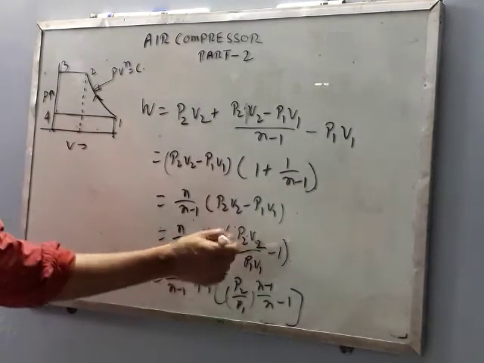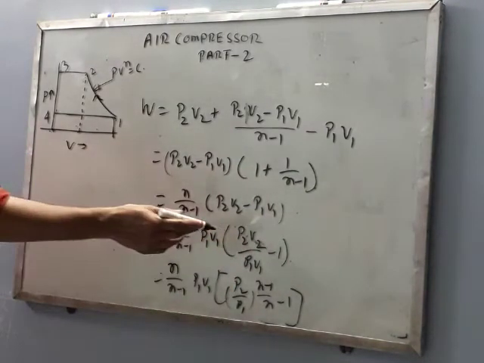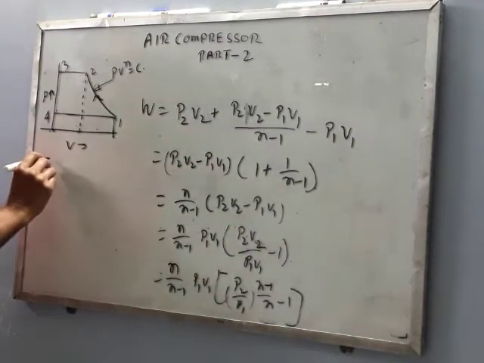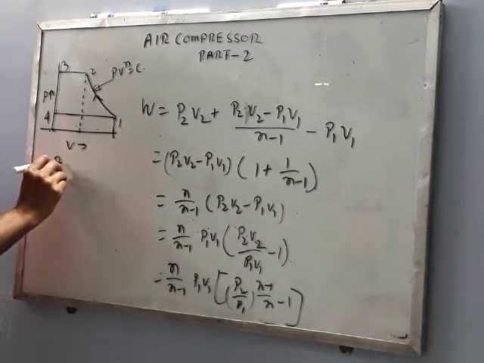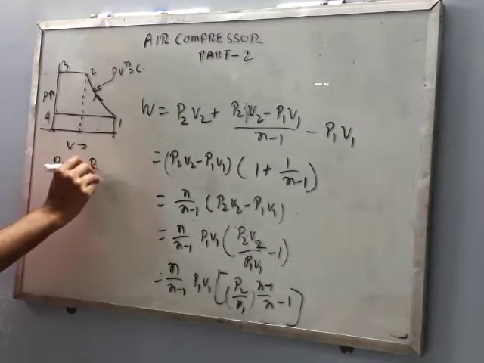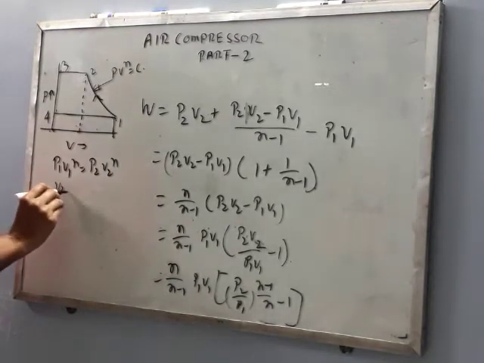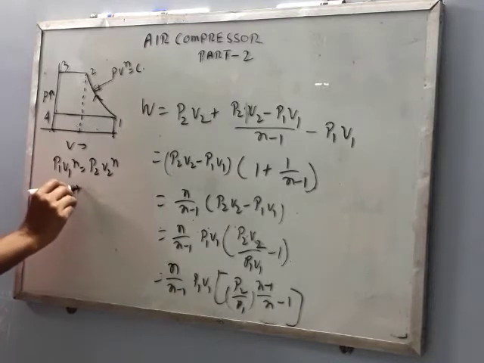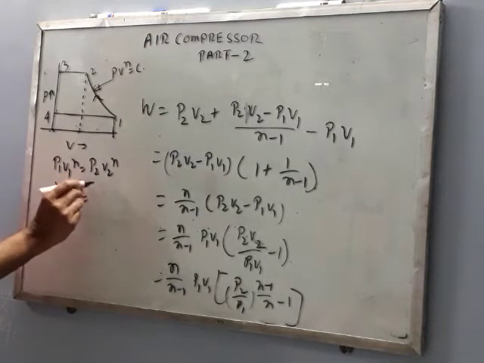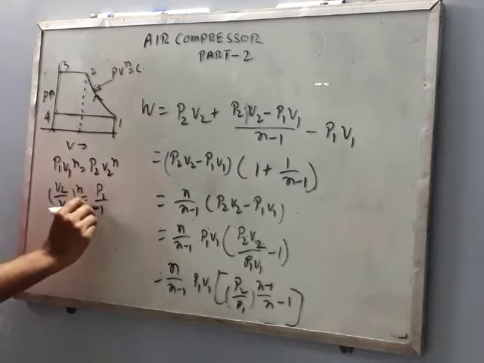using these two equations we replace V2 by V1. So P1 V1 to the power n is equal to P2 V2 to the power n. So V2 by V1 to the power n is equal to P1 by P2.